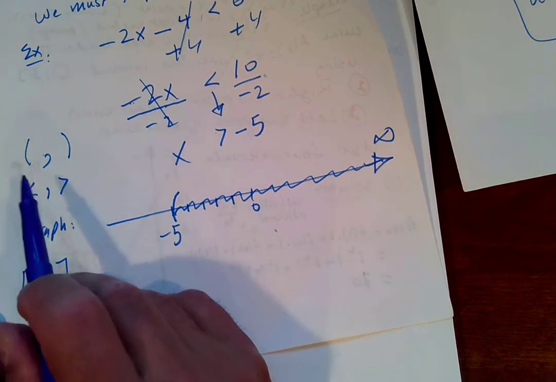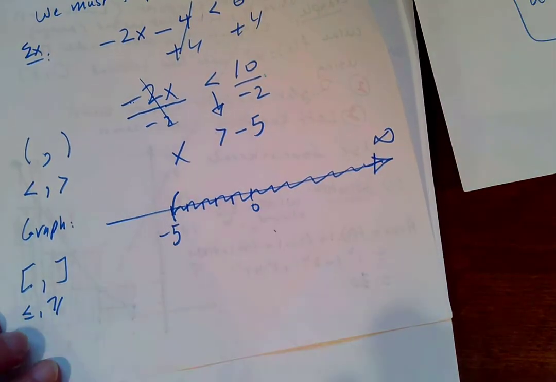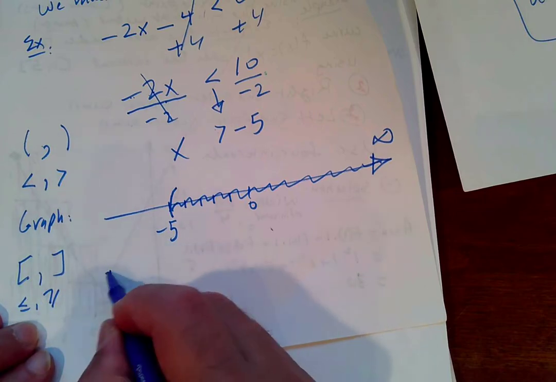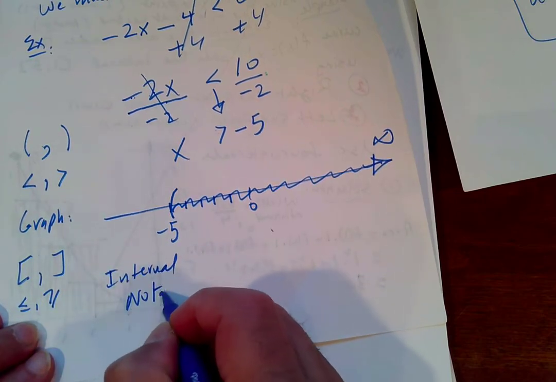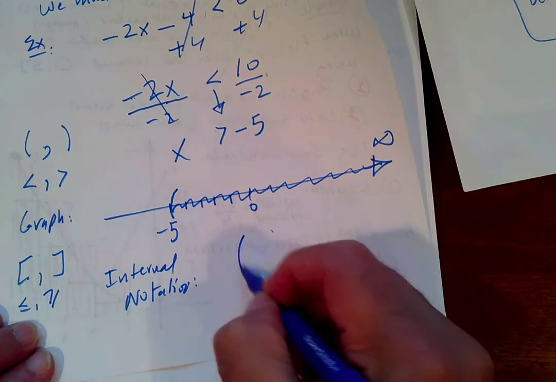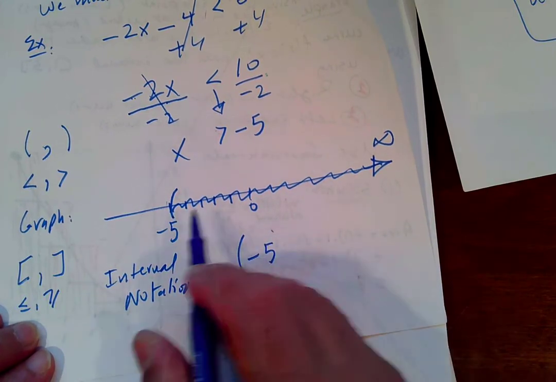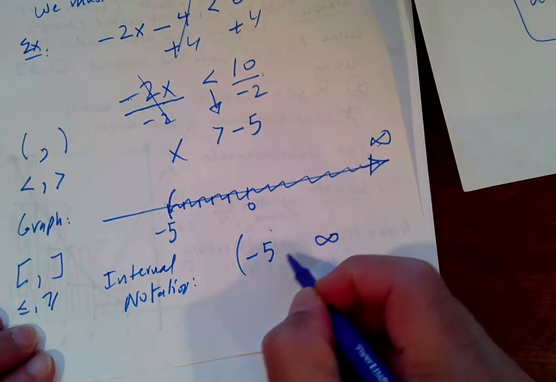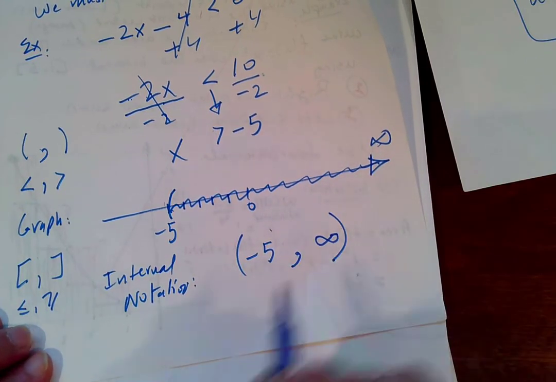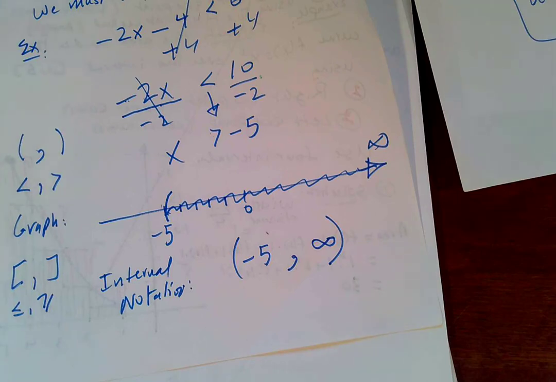Parentheses means the value is not included in the solution. Also, you need to write it using interval notation. That's a must when you're solving inequalities. So you're starting at negative 5, not including negative 5, all the way to infinity. So you put infinity here and you put a comma to include everything to the right of negative 5.